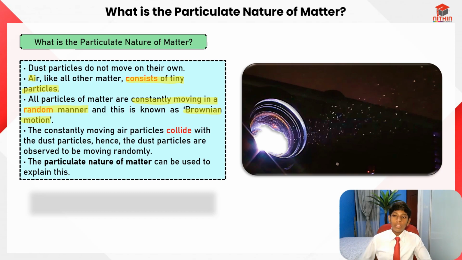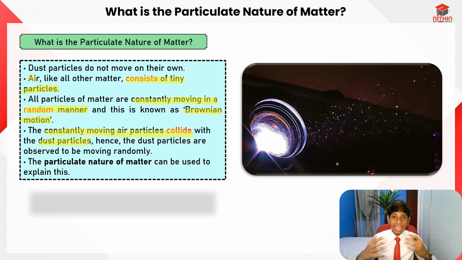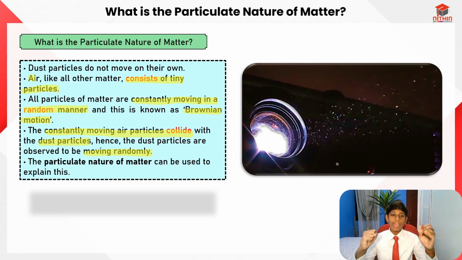The constantly moving air particles collide with the dust particles, and hence the dust particles are observed to be moving randomly. So due to the collision of air and dust particles, the dust particles seem like they are moving around randomly.